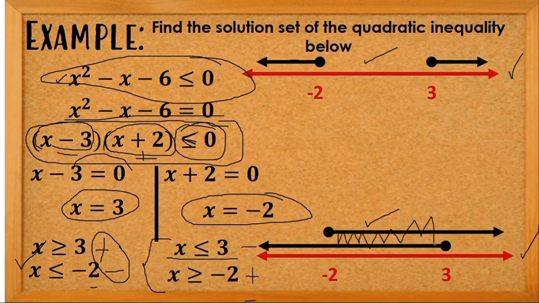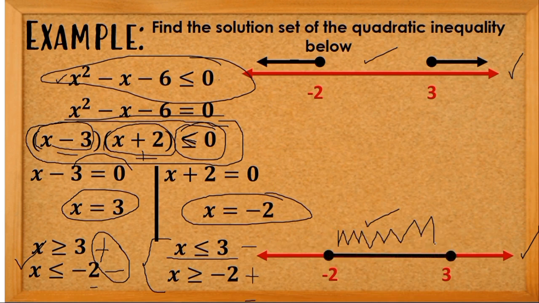So meaning to say, the solution set is between negative 2 and positive 3. If you take one number between negative 2 and 3, like negative 1, 0, 1, 2, you can use any number to substitute in x here, and you'll notice that it will make the solution true or correct.